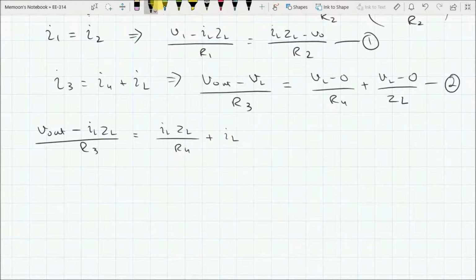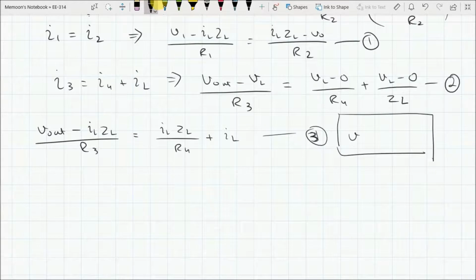So this is a really important equation that will help us to finally derive the relationship between our input voltage and the load current, and that load current is independent of the ZL.